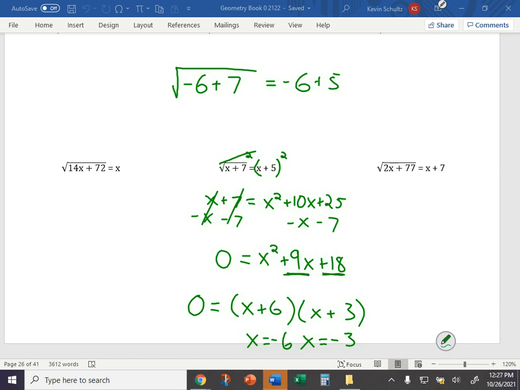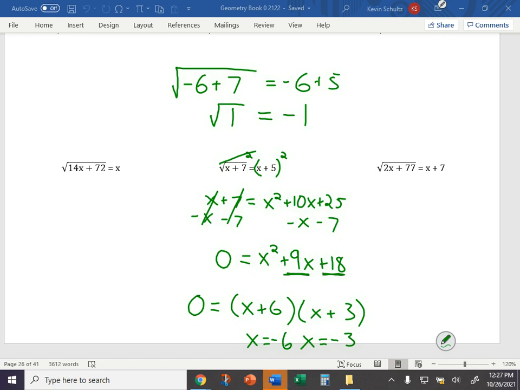What is -6 plus 7? Those of you that wanted to go back to math 6, here's your chance. What's -6 plus 7? 1, right? What's -6 plus 5? -1. Does the square root of 1 equal -1? It does not. If you're about to say, well, wait a minute, I thought that every root had two answers, positive and negative, that's what we talked about last year.